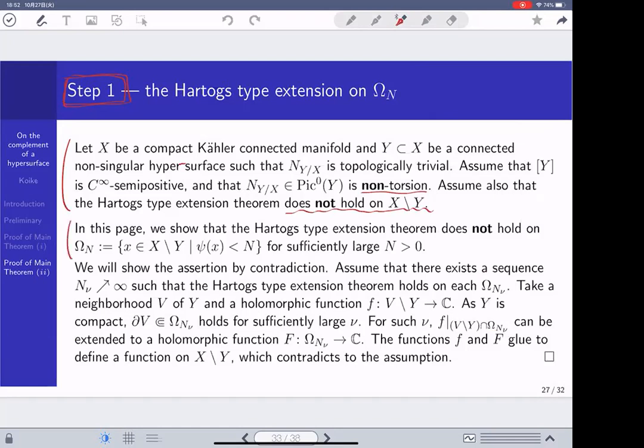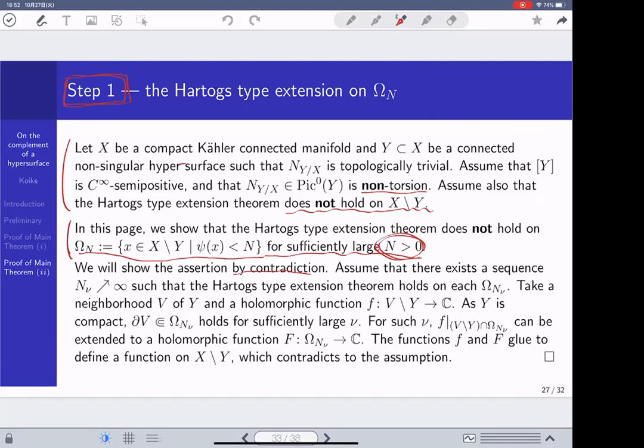In this page, as step 1, we show that the Hartogs type extension theorem does not hold on Omega n for sufficiently large n. I mean, there exists some positive number such that if n is larger than this positive number, then Hartogs type extension theorem does not hold on Omega n. We will show the assertion by contradiction.